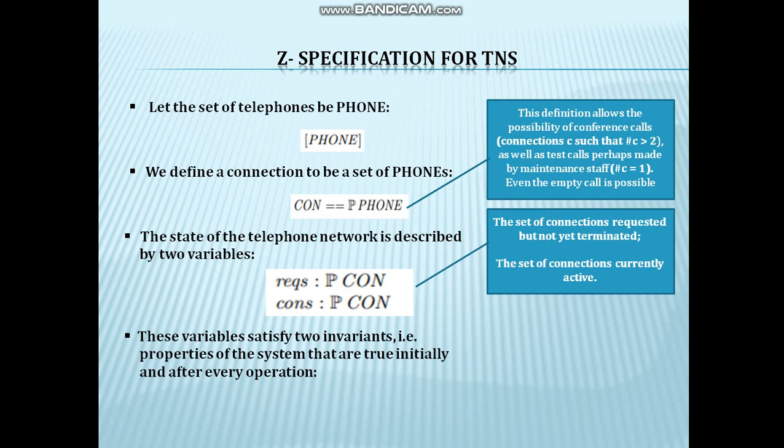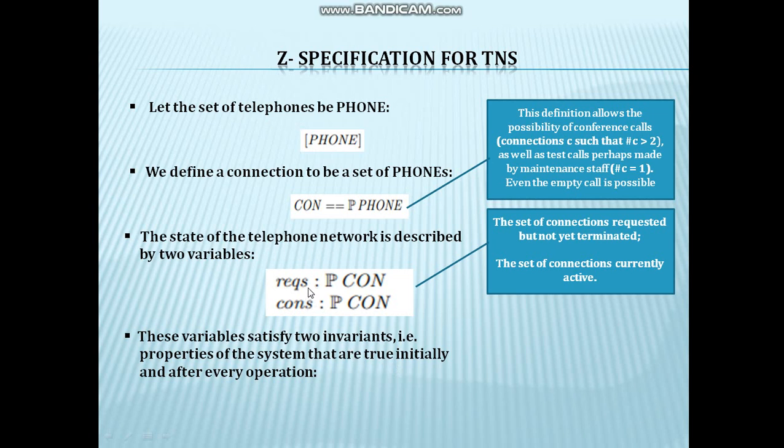Now these variables will satisfy some invariants as well. Invariants are the conditions which need to be true all the time, meaning before the operation and after the operation. If a certain operation has been taken by the system, the invariants need to be true before it, and after the operation they also need to be true.